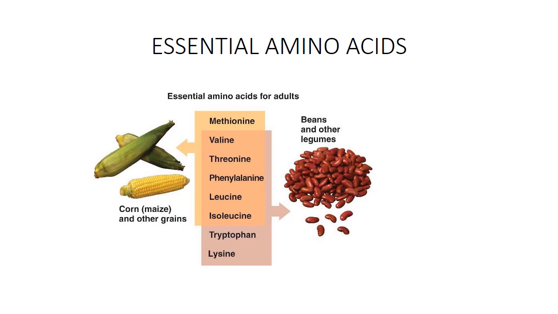And it says here that methionine, a very essential amino acid, is contained in certain plants. Corn is the richest source of methionine, so it's actually very healthy. And then there are other essential amino acids that are mostly in beans and other legumes, right?